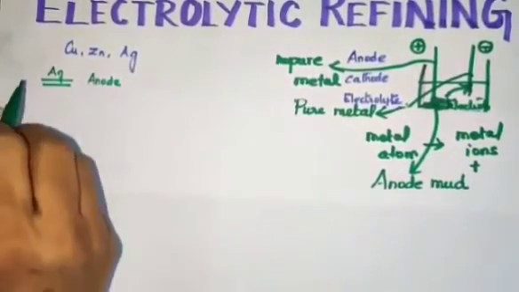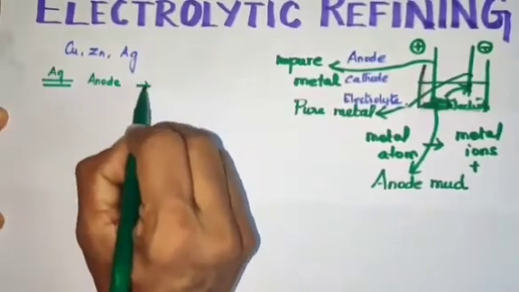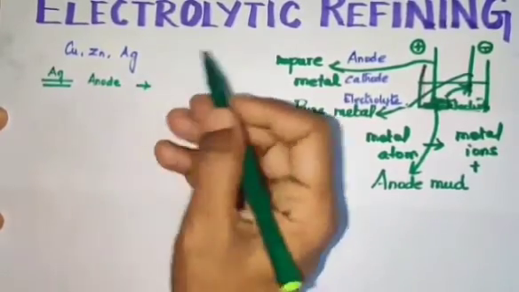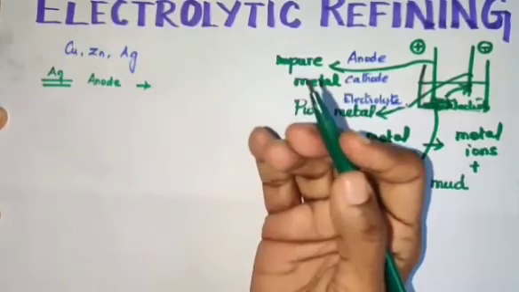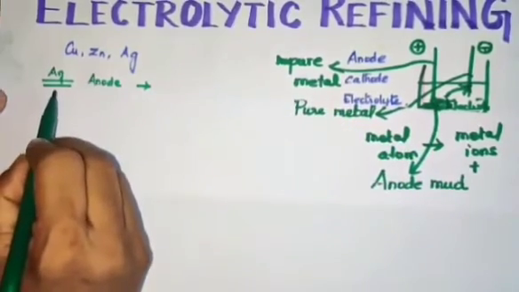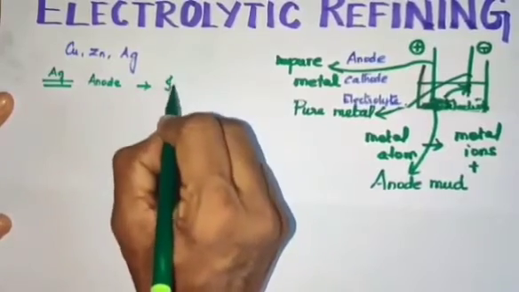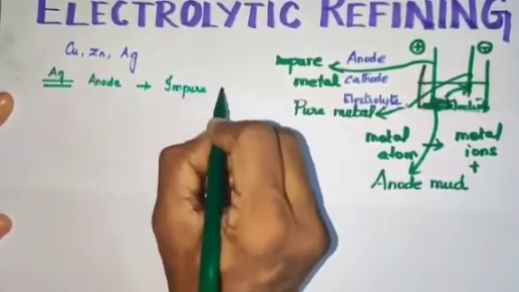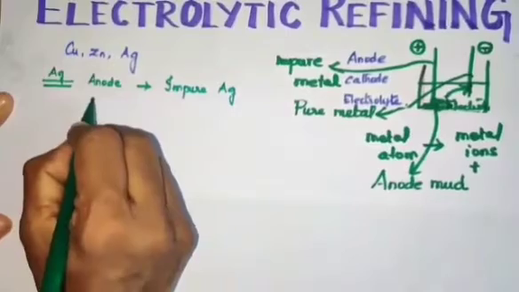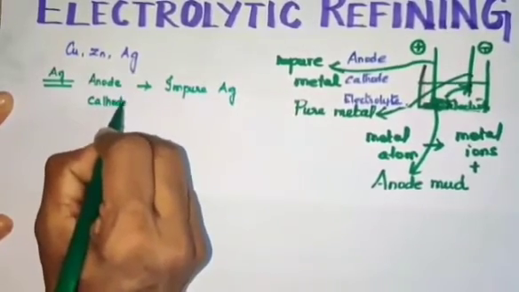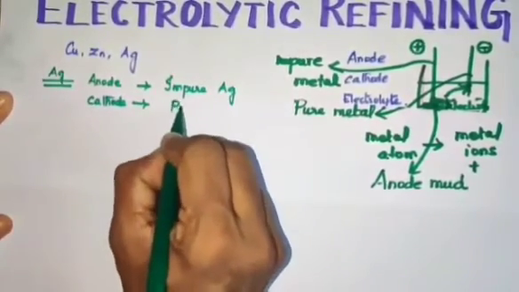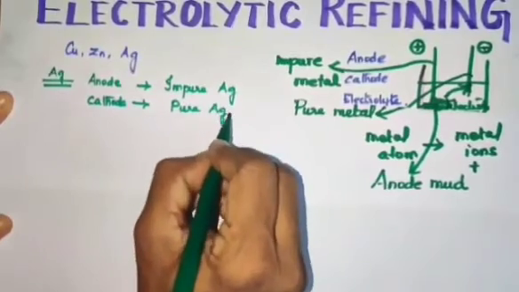Anode, as we already learned, is an impure metal. So here we are going to take an impure silver rod, because the metal we are taking here is silver. Then cathode. Cathode is a pure form, so pure silver.